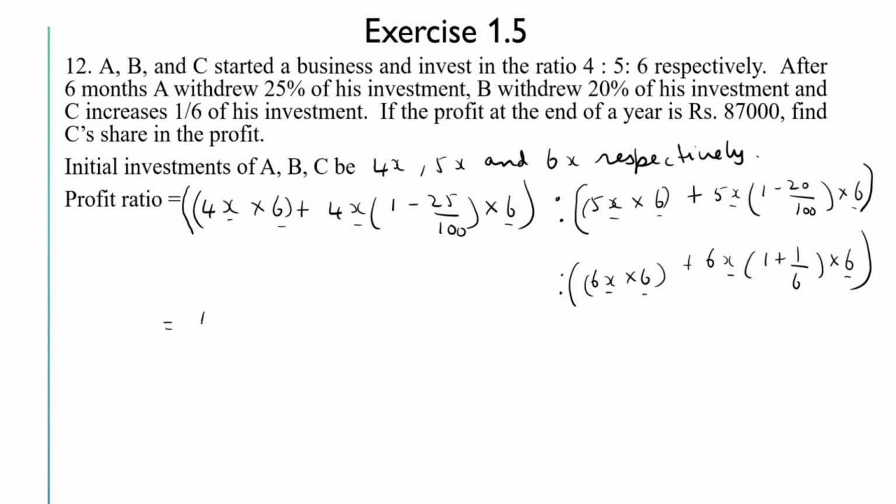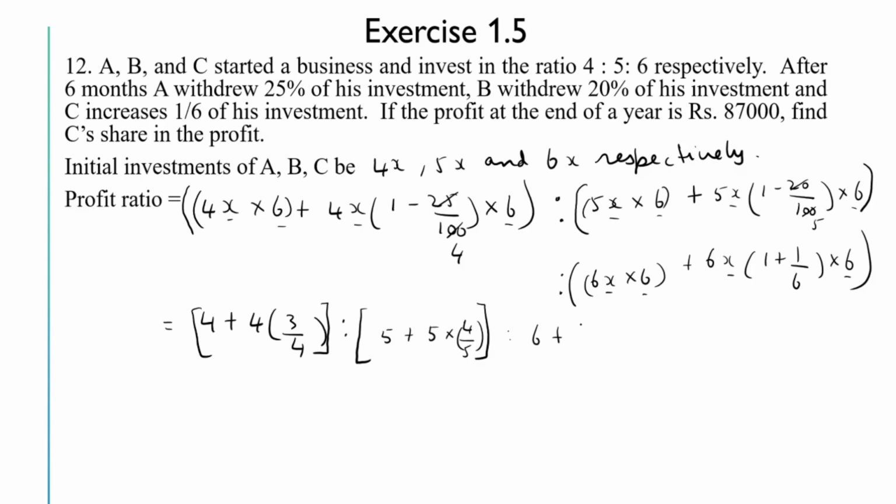So this is equal to 4 plus 4 into (1 minus 1/4), that is 3/4, is to 5 plus 5 into (1 minus 1/5), that is 4/5, is to 6 plus 6 into 7/6.